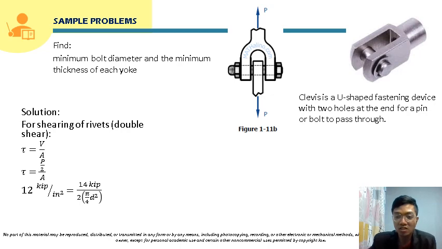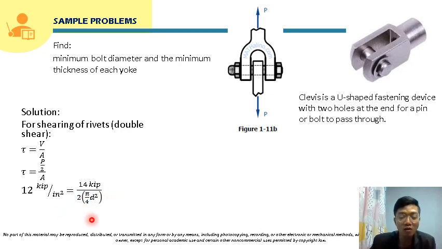The area here is the cross-sectional area of the rivet or bolt. The diameter is what we are solving for, so that is unknown. So the area is pi over 4 diameter squared.